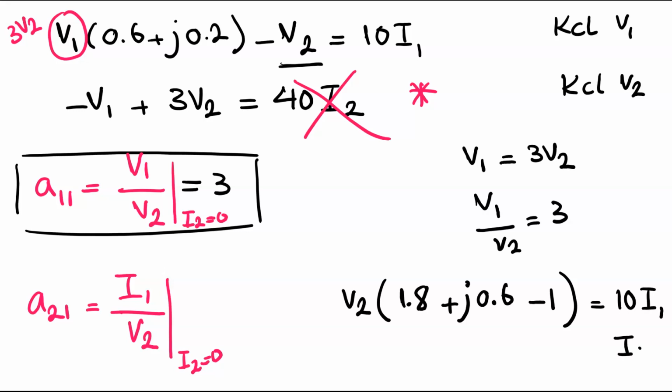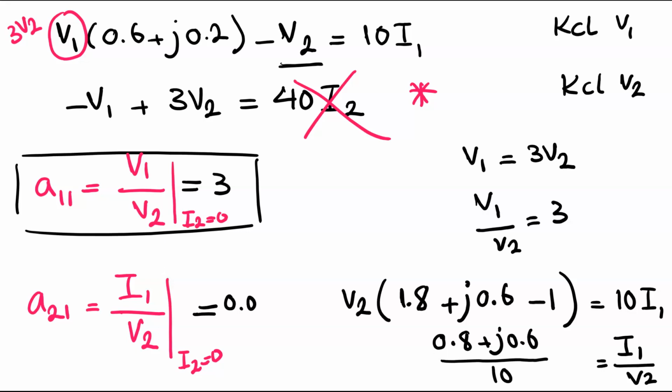Now the relationship that I'm looking for is I1 divided by V2. So I1 divided by V2 is going to be 0.8 plus j 0.6 divided by 10. So I'm going to write it here. So my A21 is going to be 0.08 plus j 0.06.